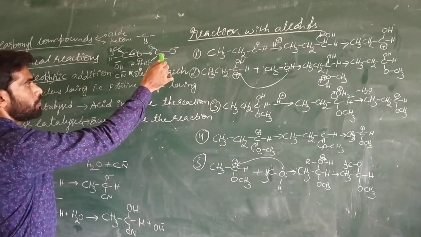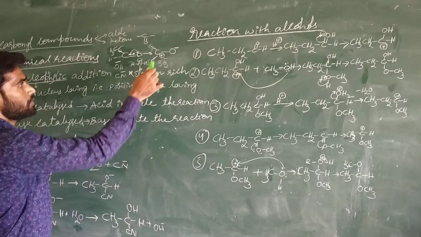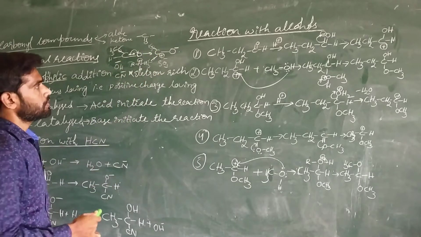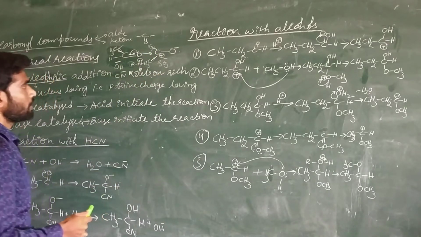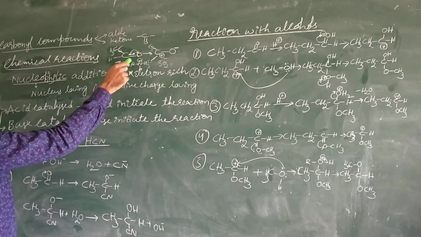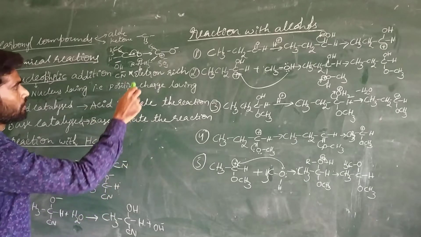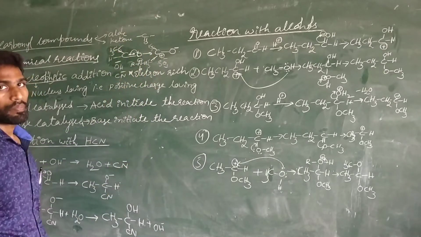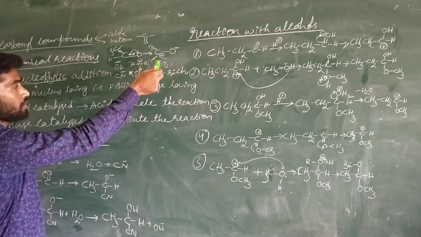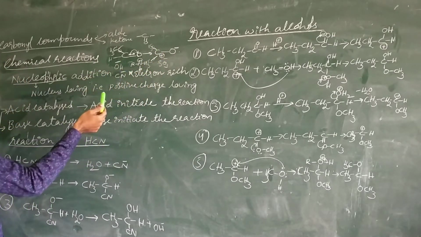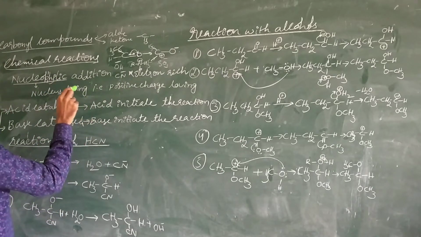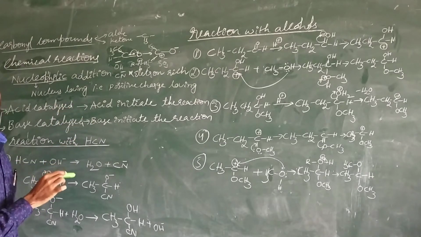The pair of pi electrons shifts towards the oxygen atom, carbon becomes positive and oxygen becomes negative. But the chemical reactions occur easily in aldehydes, while in ketones it is harder. The characteristic reactions of carbonyl compounds are nucleophilic addition reactions.